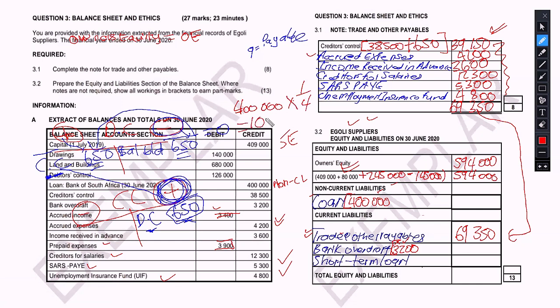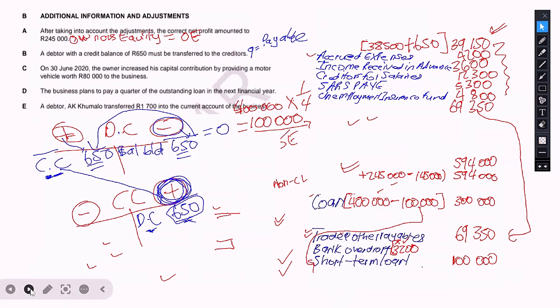That means now that 100,000 is payable next year, which will be our short-term loan. So we need to subtract here 100,000. When we subtract, we will get 300,000. Remember to transfer this 100,000 to short-term loan. So here we will record 100,000.